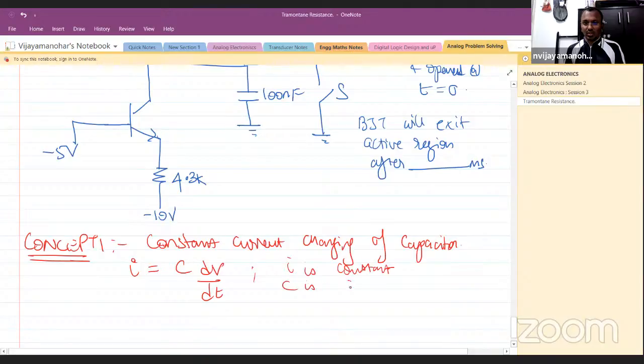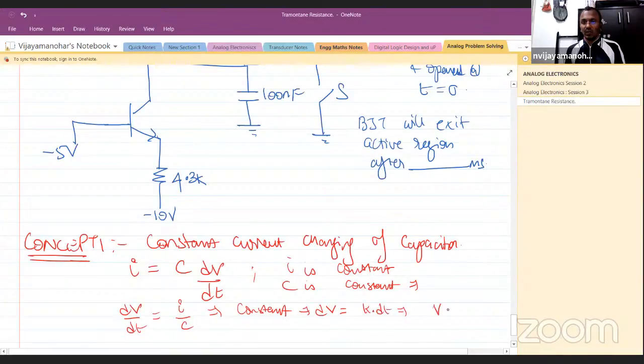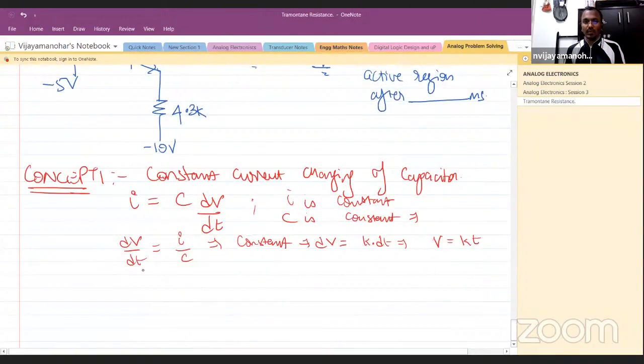Now, C is constant, which implies dV by dt is I by C, which is constant, which implies V equal to some constant times t, V equal to kt. So the voltage will be a ramp.